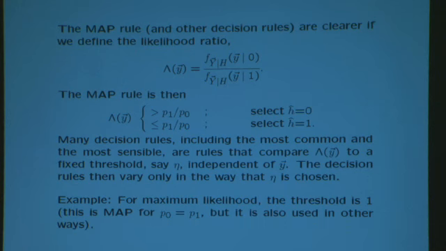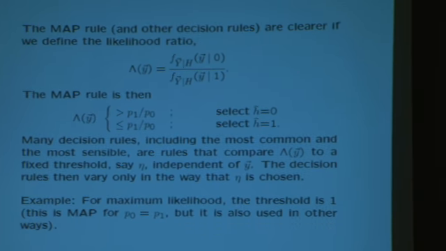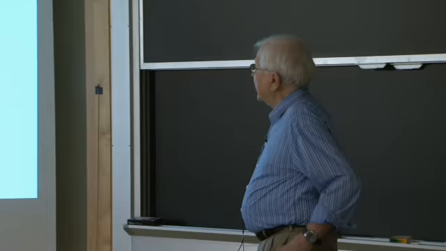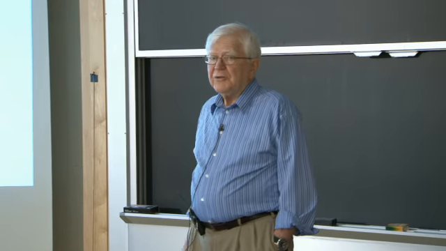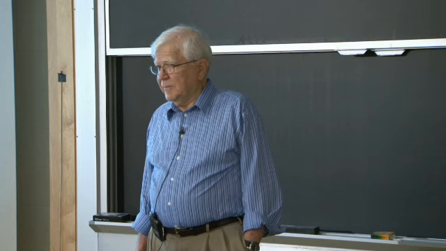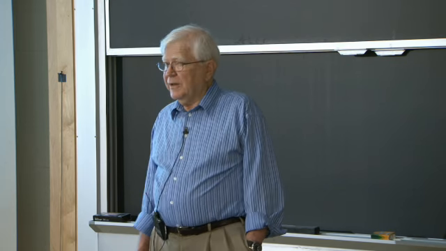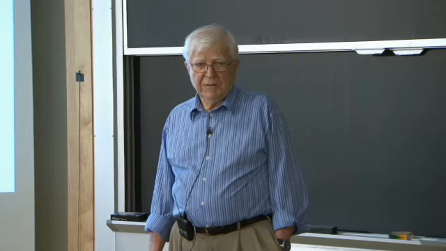Okay, so we have two questions. One, do we always want to use a threshold test, or are there cases where we should use something other than a threshold test? And the second question is, if we're going to use the threshold test, where should we set the threshold? There's nothing that says you really want to minimize the probability of error.